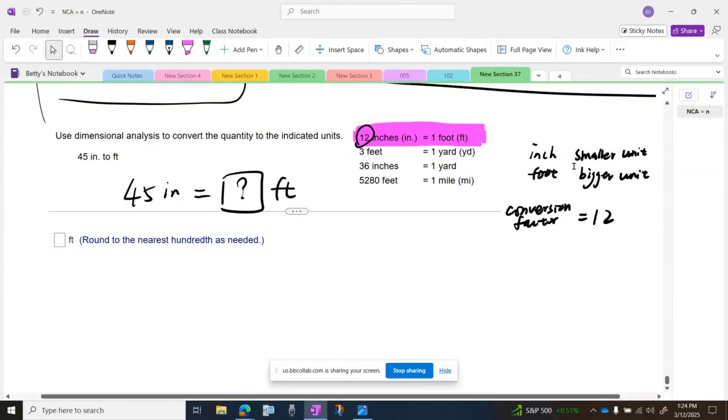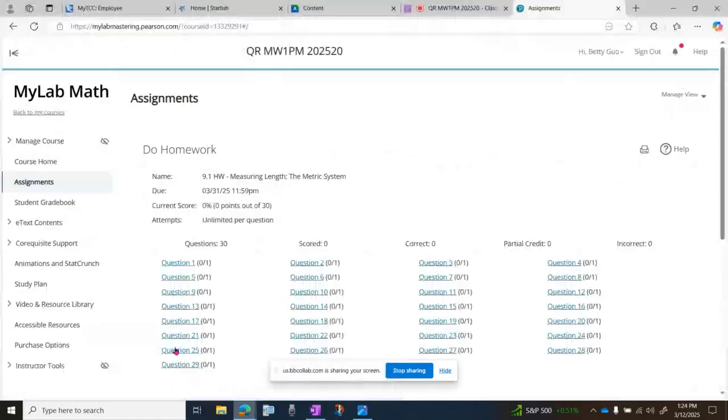Look at what we have concluded from the formula. Inch is a smaller unit. Foot is a bigger unit. So the number in front of foot should be bigger or smaller than 45?